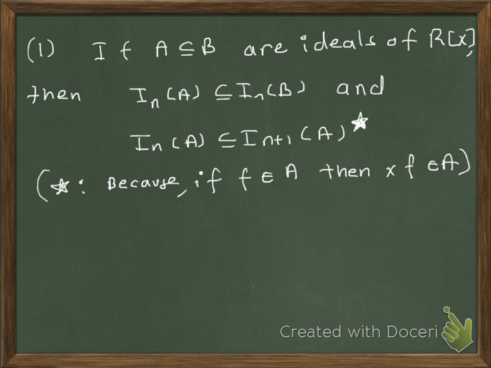And I_n of A is always contained in the I_{n+1} of A. This may be the rather non-trivial one to see, but maybe I should say rather it's the less easy one to see. So, okay, let's see it. Take any element here. Then there's a polynomial, let's say b.